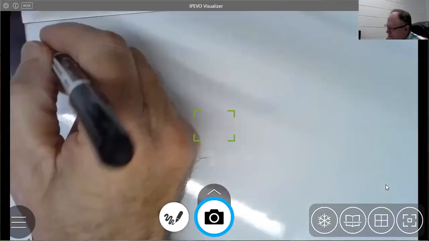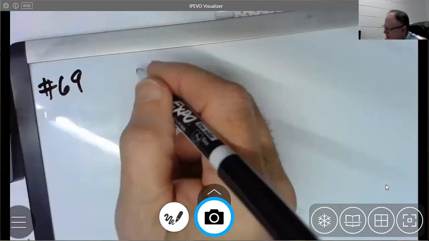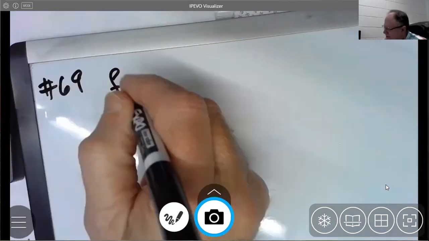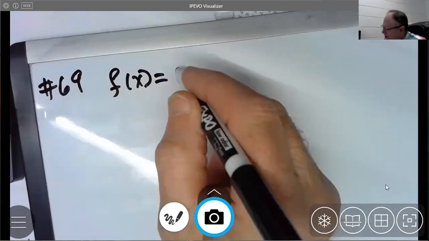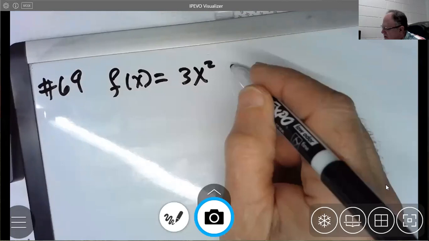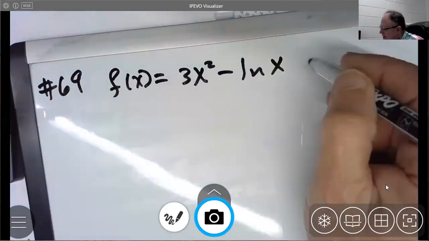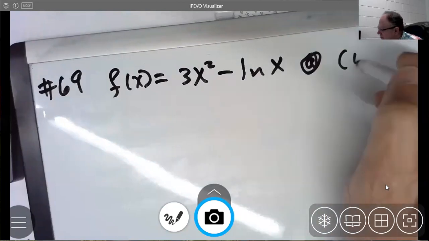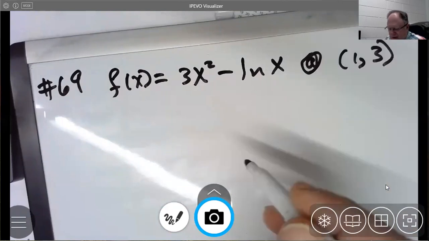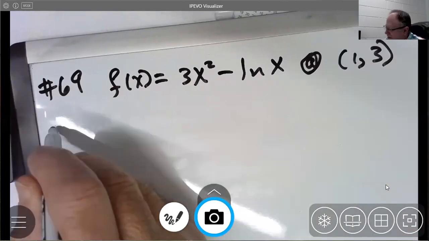And we have here f of x is equal to 3x squared minus the natural log of x, and we want the tangent line at the point (1, 3). Okay, so first thing we do is we have to find the slope, right?